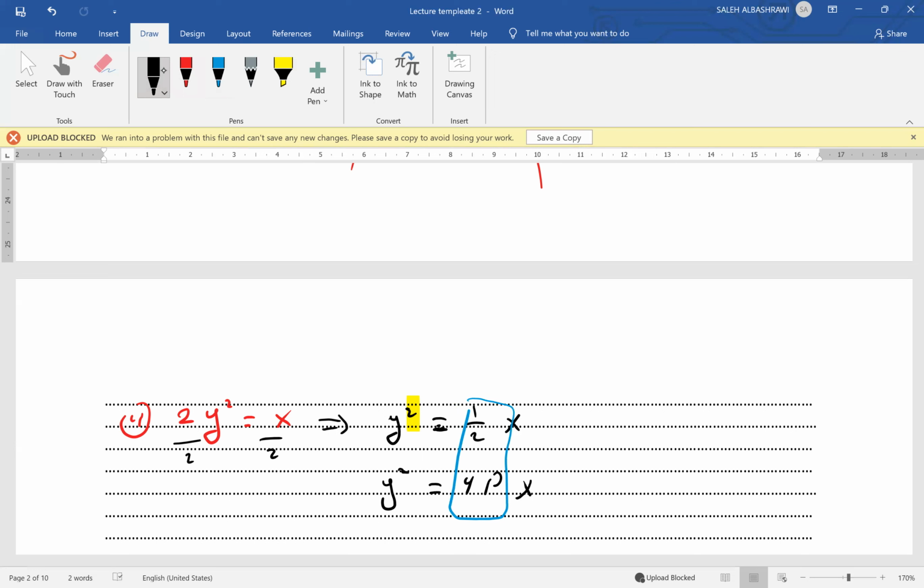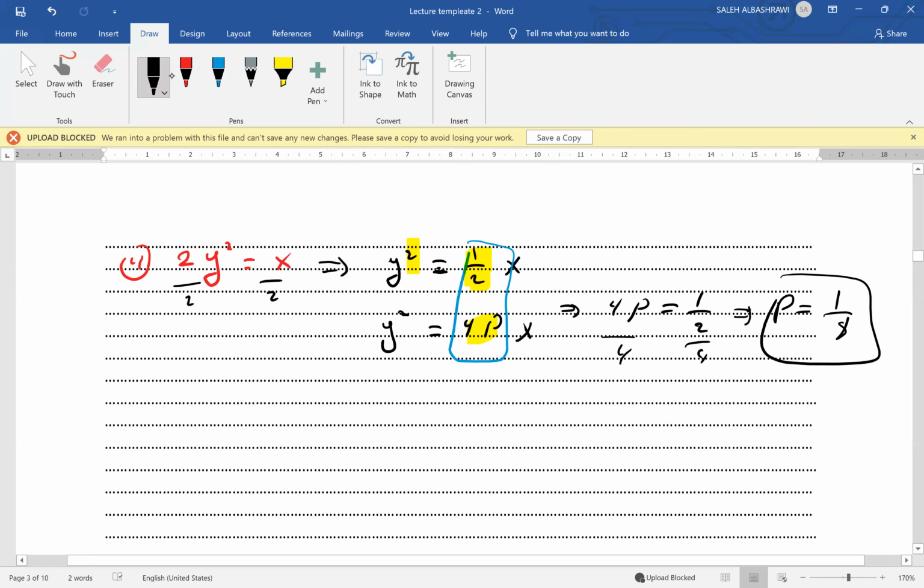From equating this with the general form, we will have 4p equal to 1/2. If we divide by 4, we get p equal to 1/8.